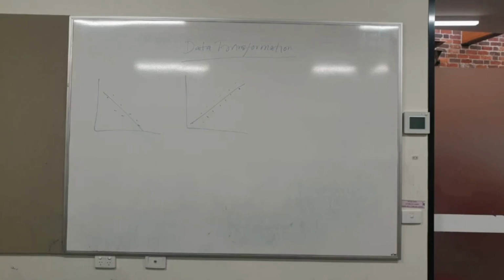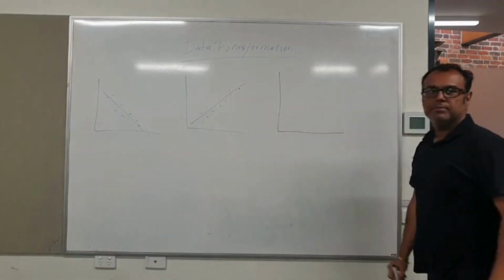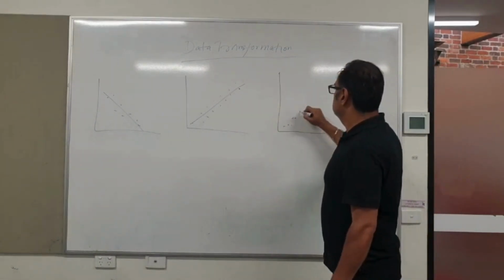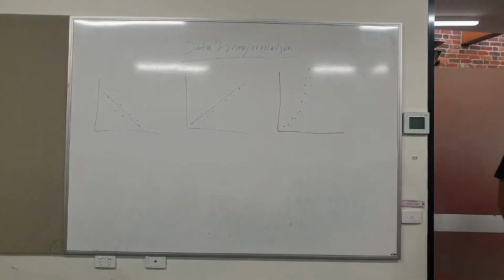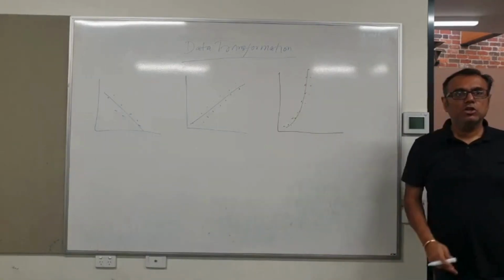What about if my data starts to deviate from being linear to becoming non-linear? So let's say my data becomes, rather than this, starts to go like this. So that means the data becomes non-linear.